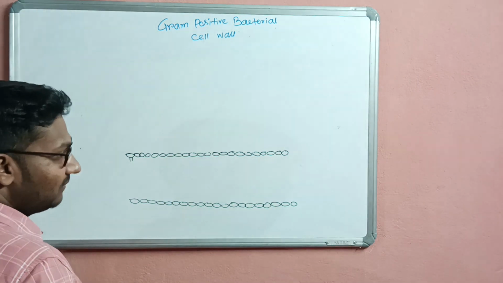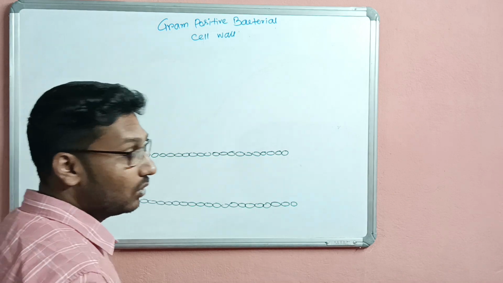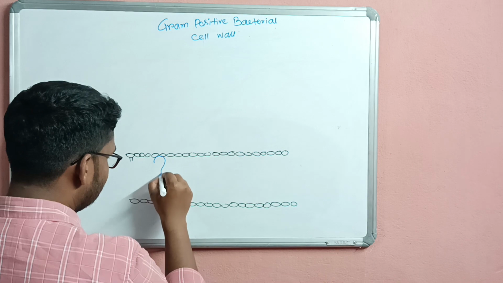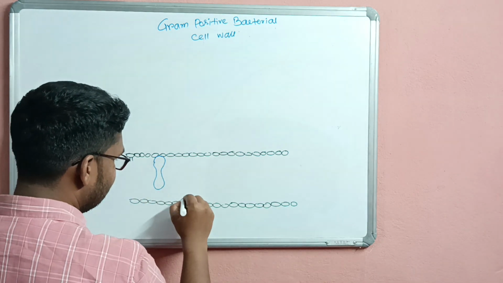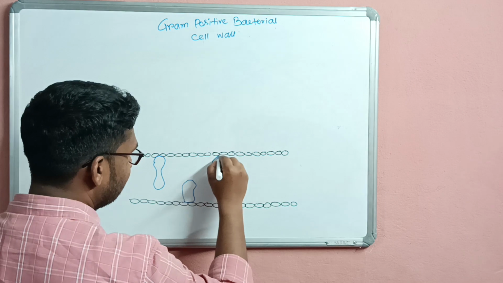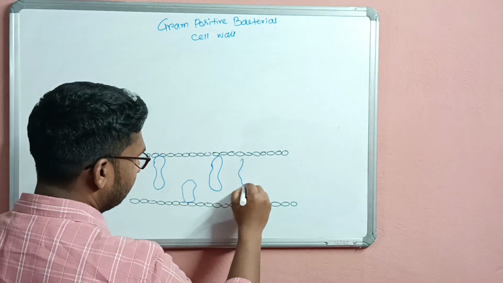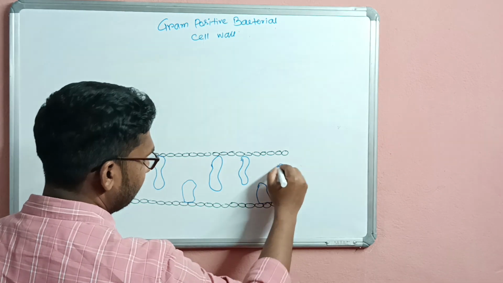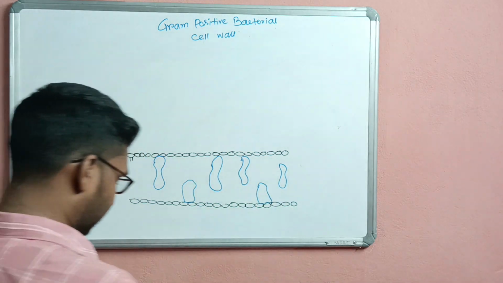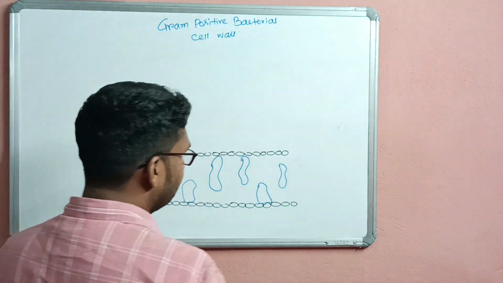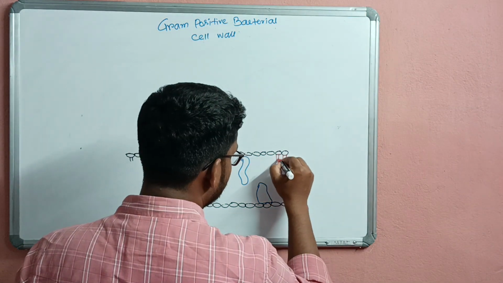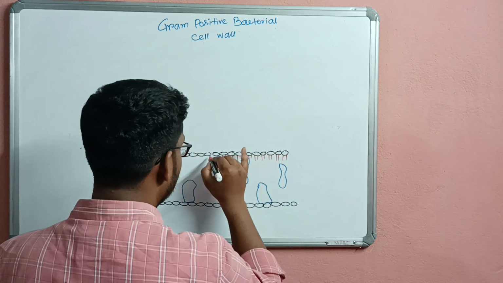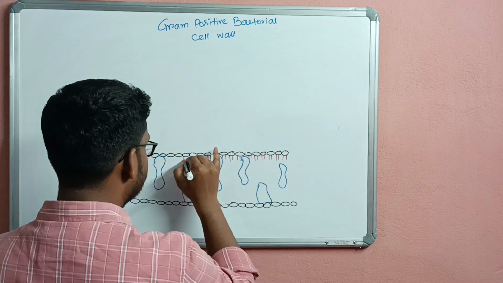Okay, this is also called the fluid mosaic model. I'm drawing with a colorful pen so that you people can understand very easily.